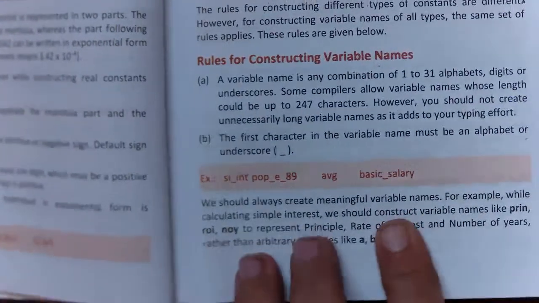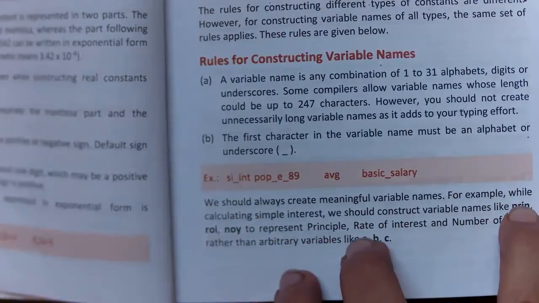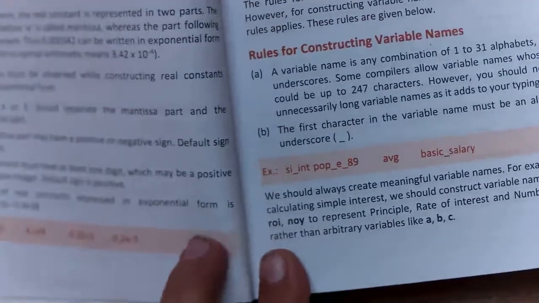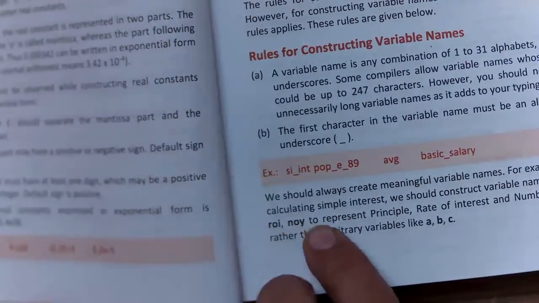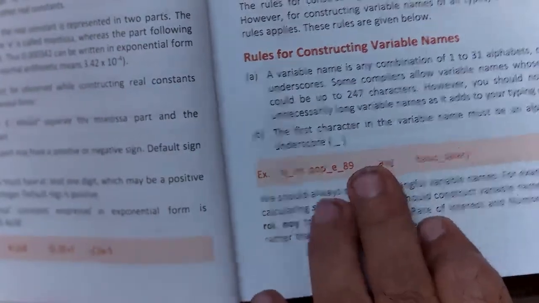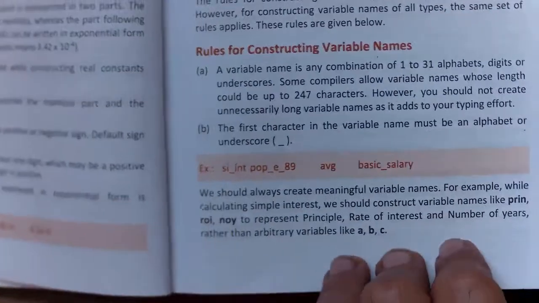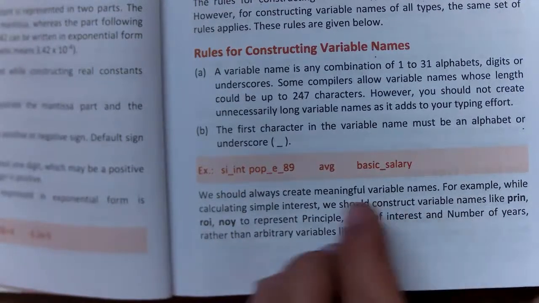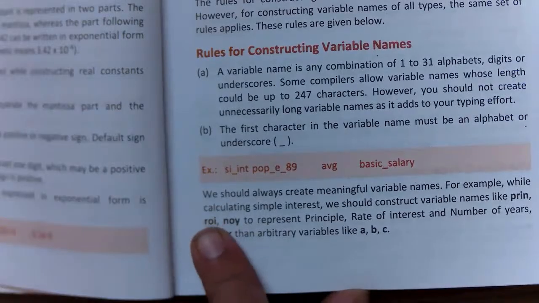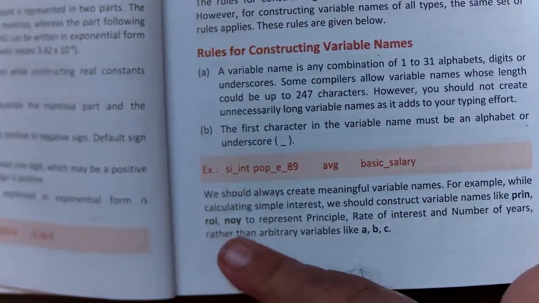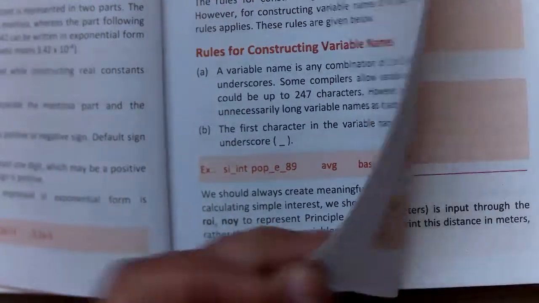For example, while calculating simple interest, we should construct names like principal, prin, roi, noy to represent principal, rate of interest and number of years. This is rate of interest, not rest of interest. Rate of interest, number of years, rather than alphabetic variables like A, B or C. You understood?